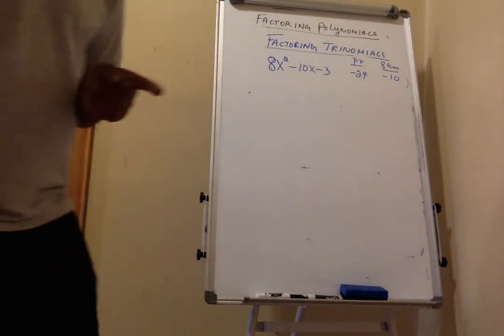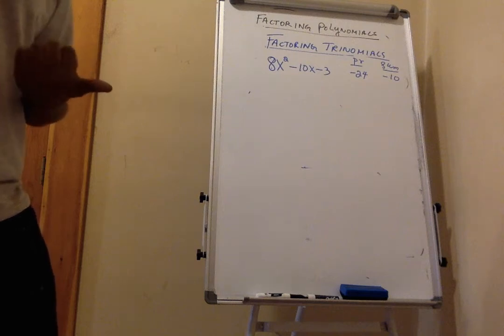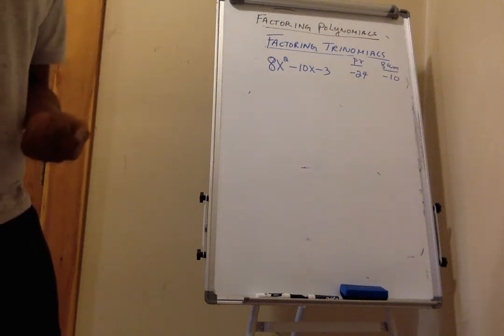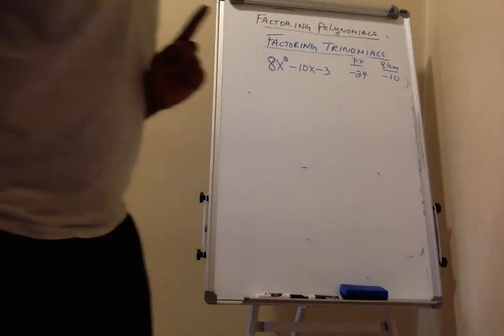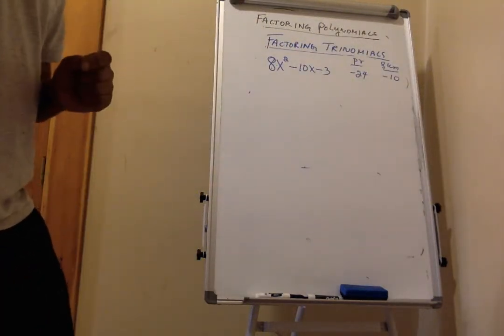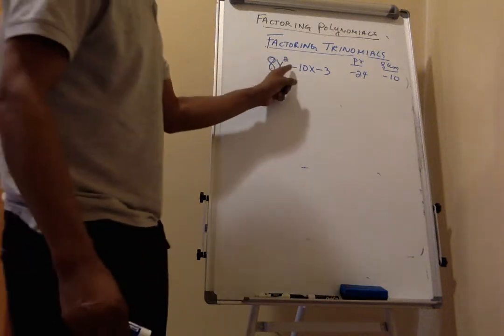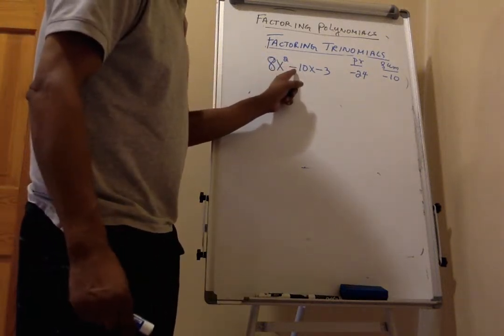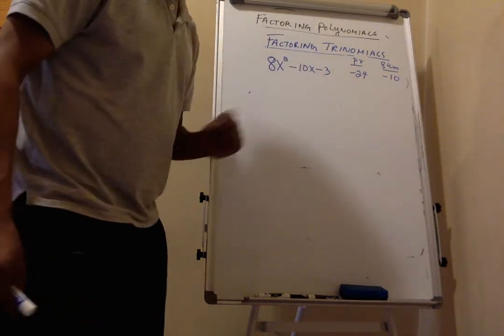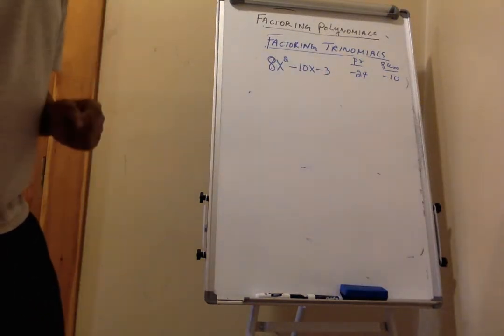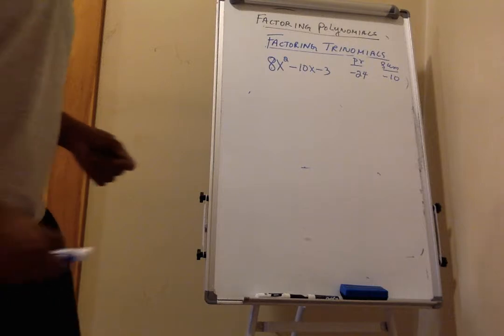If the product is a negative number, then one of them has to be positive and the other one has to be negative, right? And if the sum is negative, then the larger number has to be negative. So this one tells me the sign of the larger number. This tells me the product is negative, and one of them has to be positive.